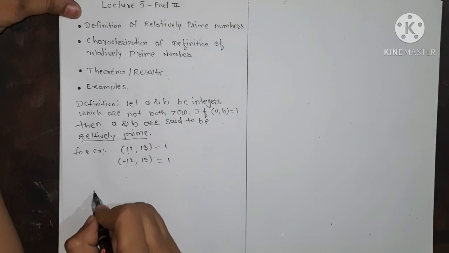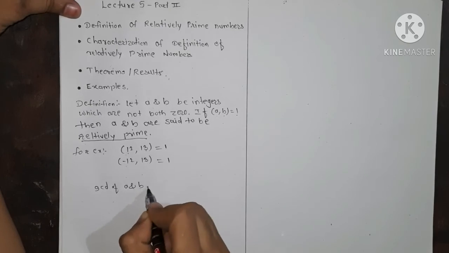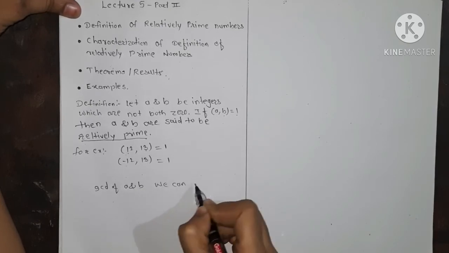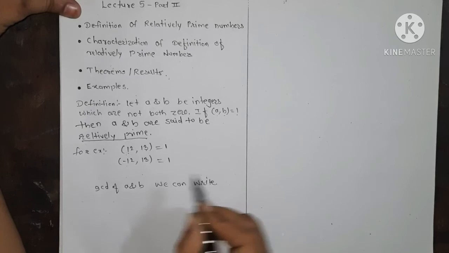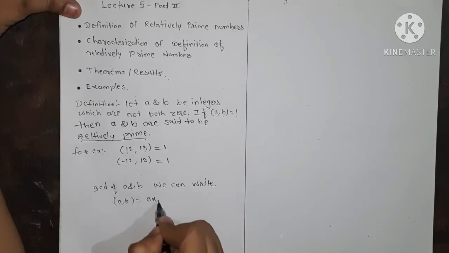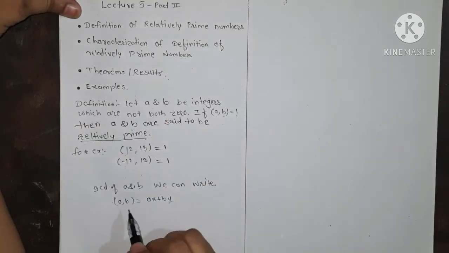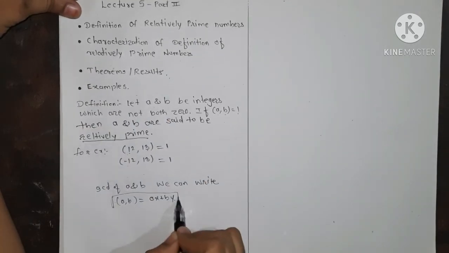As previously we see that the GCD of a and b, we can write this as a linear combination. That is, we can write the GCD of a comma b as ax plus by. So to show the characterization, we use this theorem.